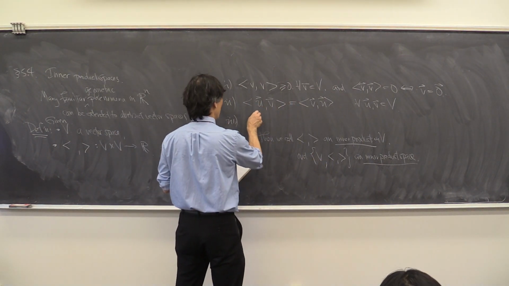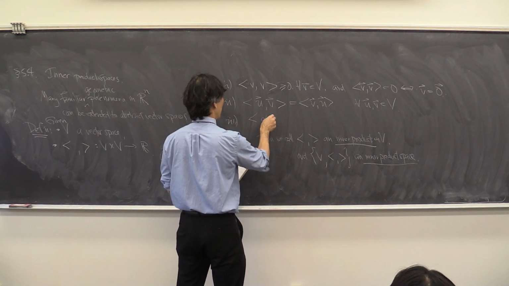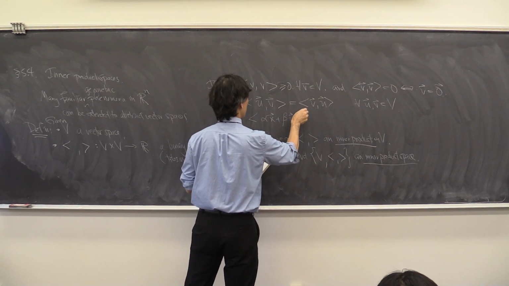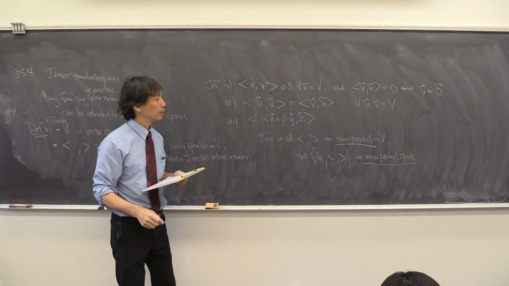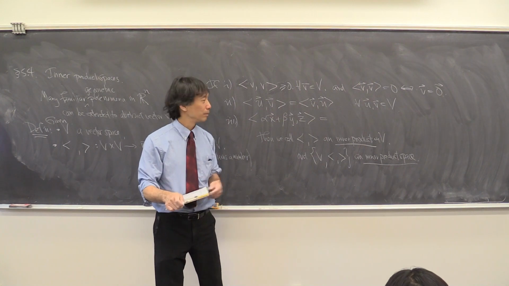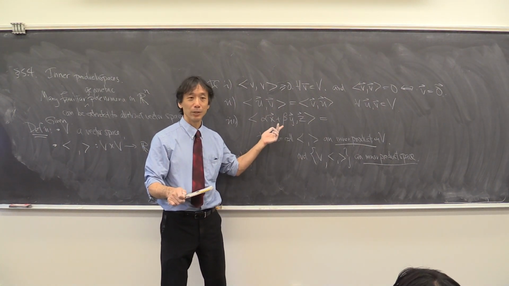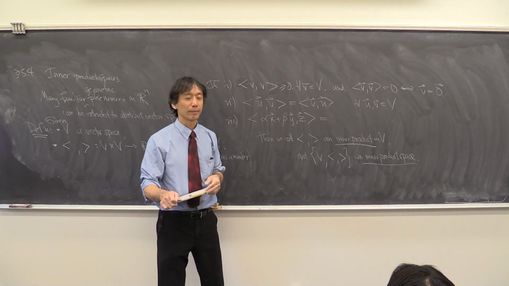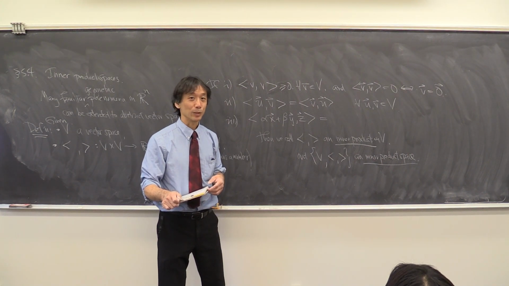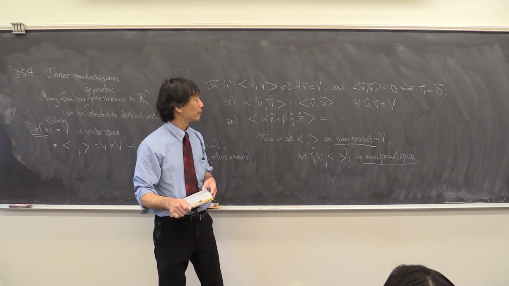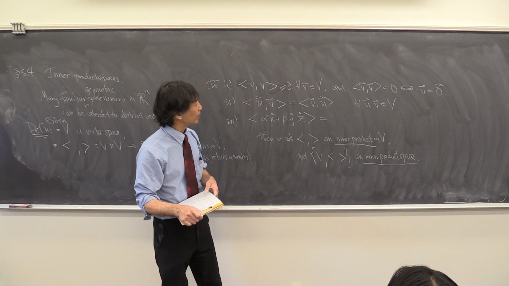And then the third thing you want is that if you take some linear combination and dot it against a vector, then what am I going to write over here? Based on your knowledge of the dot product, what should I write? Sasha? Z1 alpha x plus Z2 beta y. Not quite.